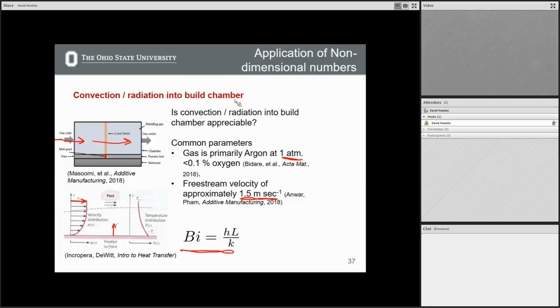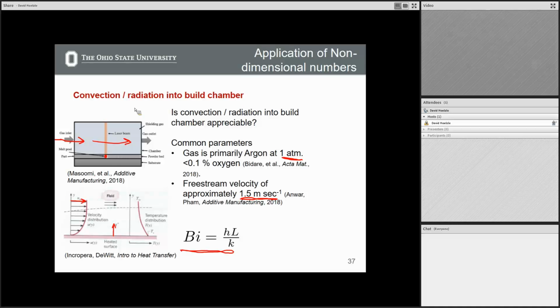Okay. So the last thing that we talked about in Tuesday's class is we looked at the Biot number for standard operating parameters for powder bed fusion. The question we were asking ourselves is, do we have to concern ourselves with the forced convection that happens in the system?